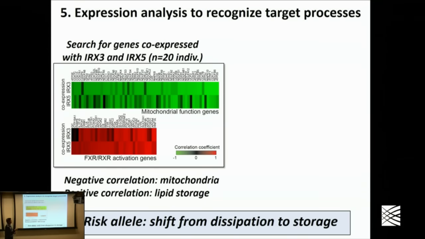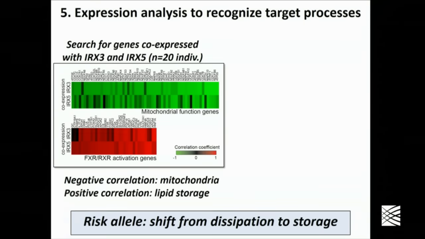And what we found is that there's a positive correlation with lipid metabolism and a negative correlation with mitochondrial function. So when IRX3 and IRX5 go up, mitochondrial function goes down and lipid metabolism goes up. So that suggests a shift from energy dissipation to energy storage.